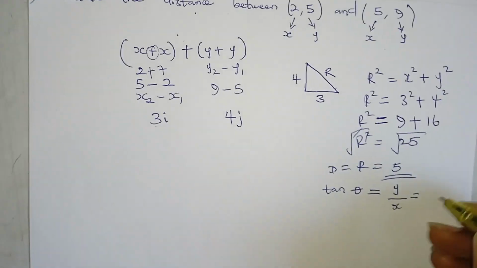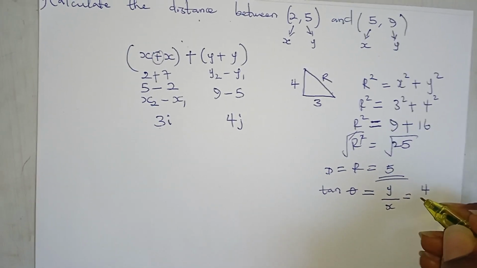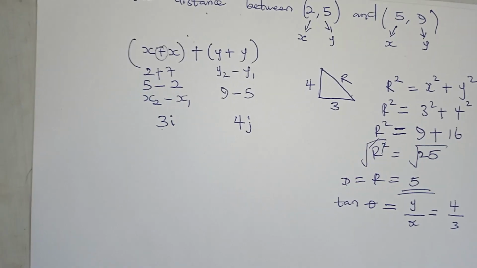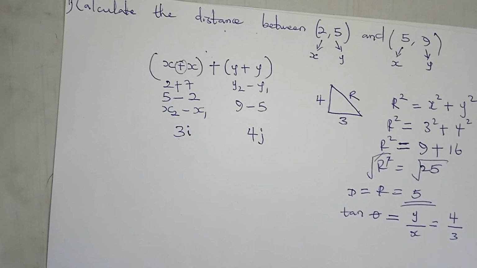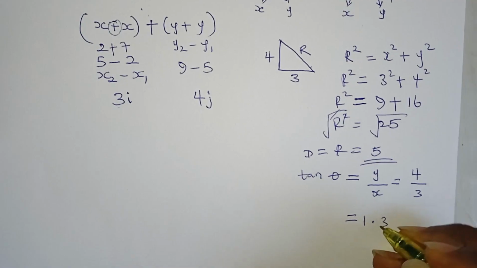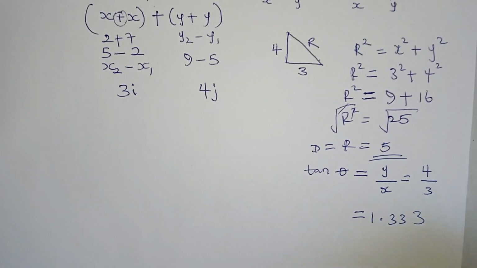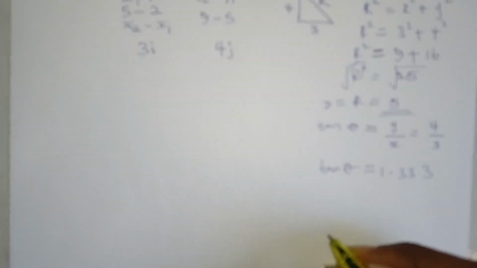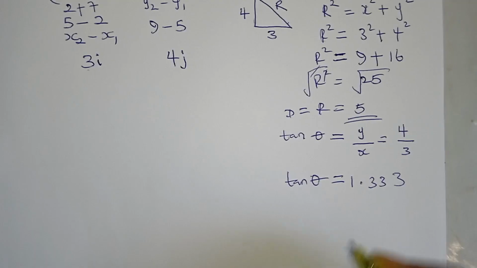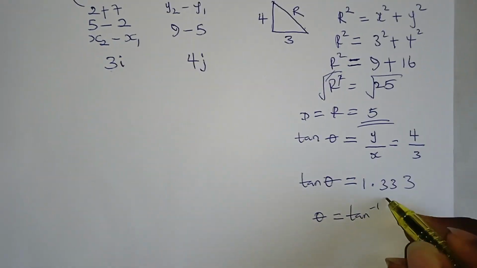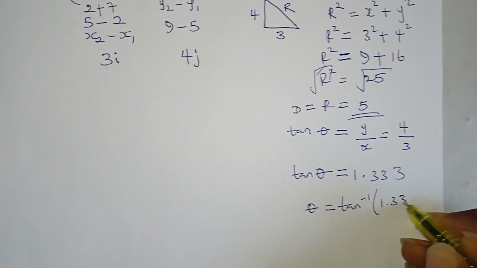So this is the same as saying 4 over 3. 4 divided by 3 is equal to 1.333. I used all these decimal points because the more decimal points you have, the more the accuracy. So this is now presented as theta equals tan inverse 1.333.